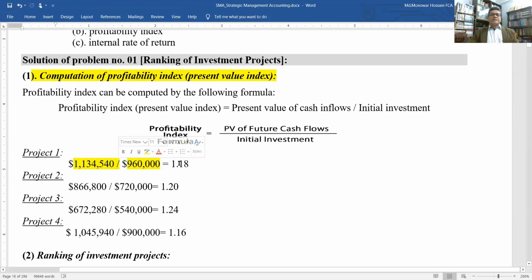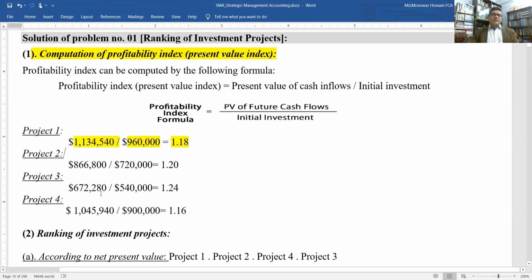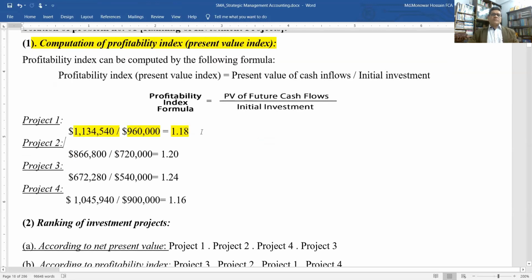So we get 1.18. For all 4 projects, if we calculate, we get 1.18, 1.20, 1.24, 1.36.